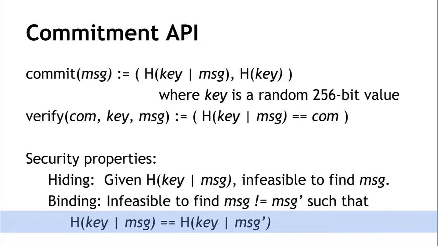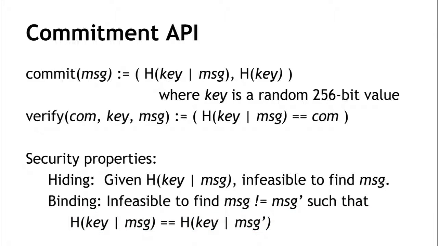Well, it turns out that that's exactly the hiding property that we talked about before. Key was chosen as a random 256-bit value, and therefore the hiding property says that if we take the message and we put before it something that was chosen from a very spread out distribution, like I said, a random 256-bit value, then it's infeasible to find the message.